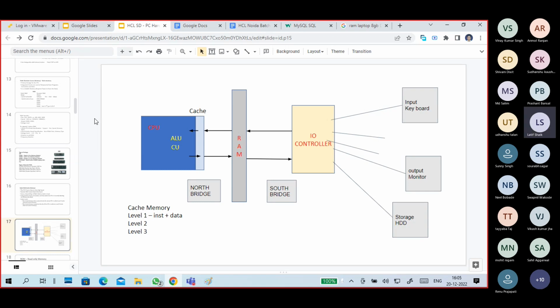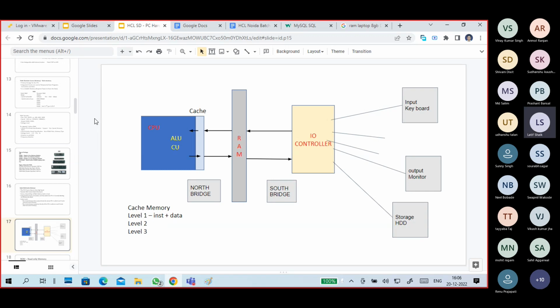There is a north bridge and a south bridge. The north bridge controls the communication between CPU and RAM. The south bridge takes care of other connectivity like IO devices and peripherals. So I give input from my keyboard.